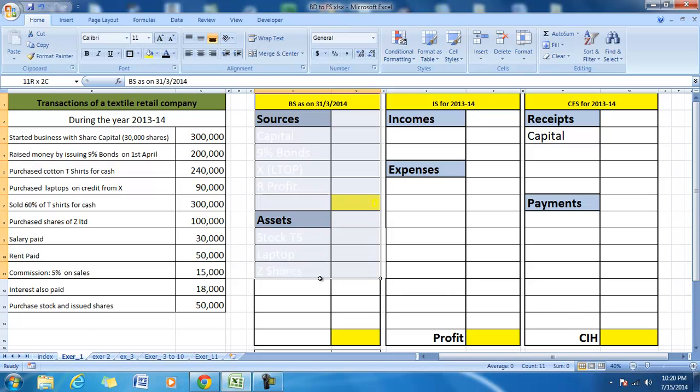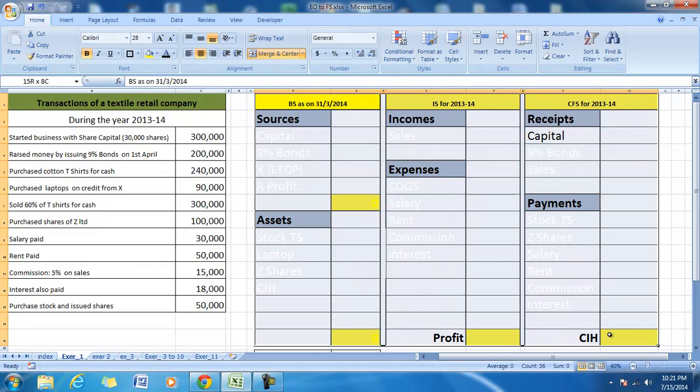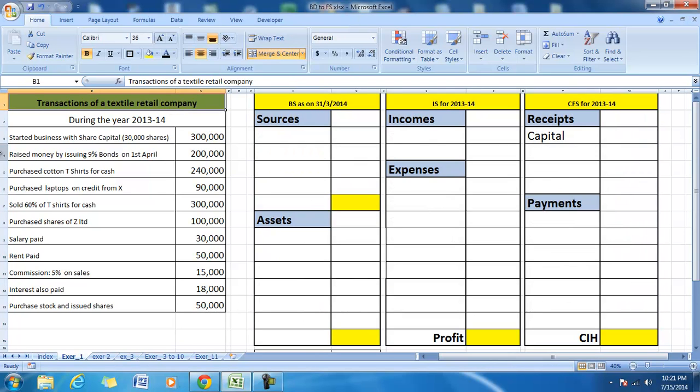So the financial statements are for a period of 1 year. Balance sheet is as on 31st March 2014. The income statement is for the period 2013-14, and cash flow statement is for 13-14. So these are the financial statements of this retail company.